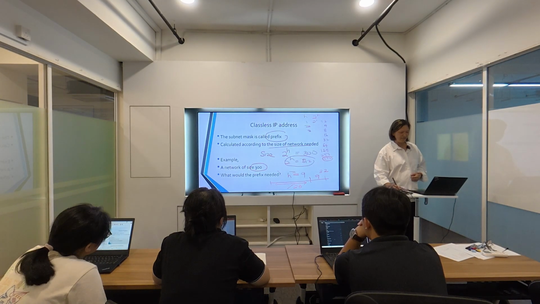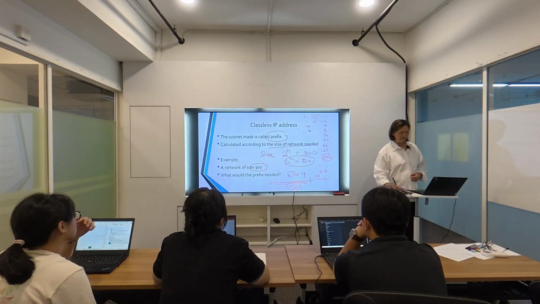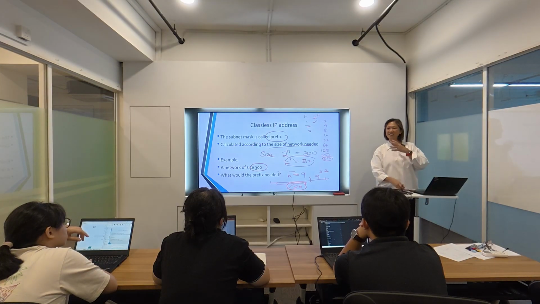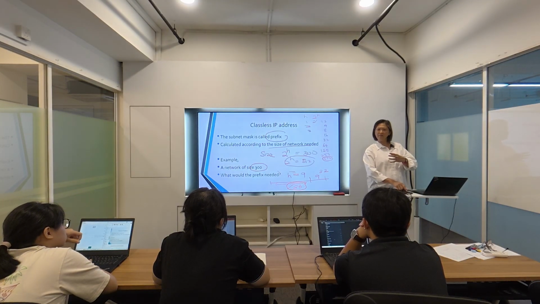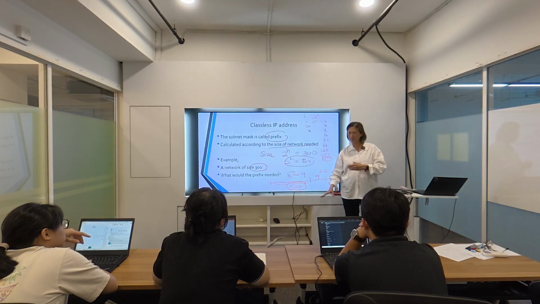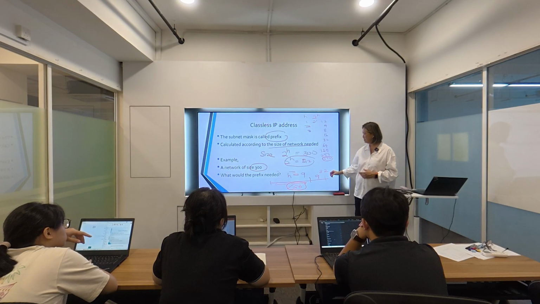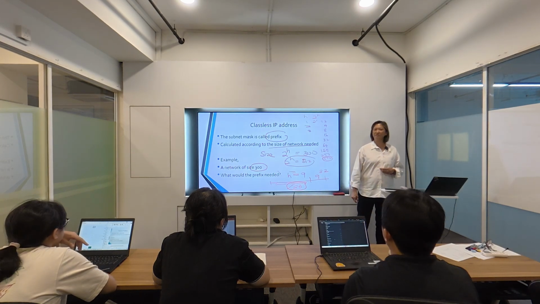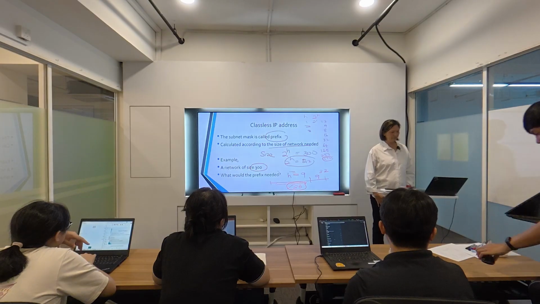So basically, we can design a network with the mask slash 23. So it becomes a classless address, because classful address will follow slash 8, 16, and 24. So if I design a network with slash 23, it becomes a classless address. Yeah?